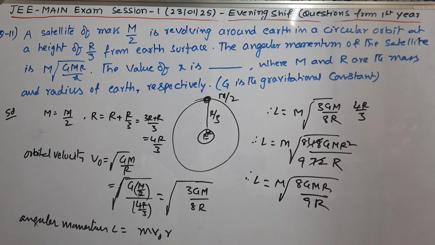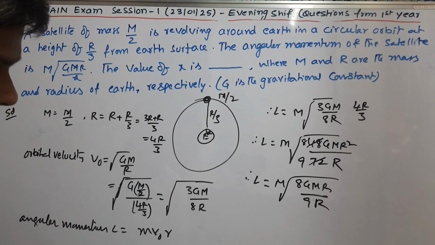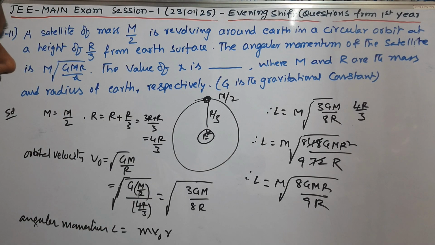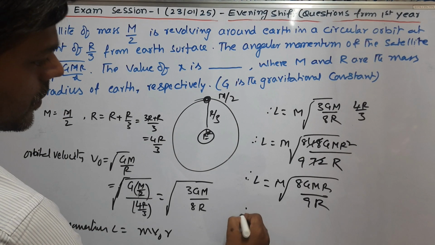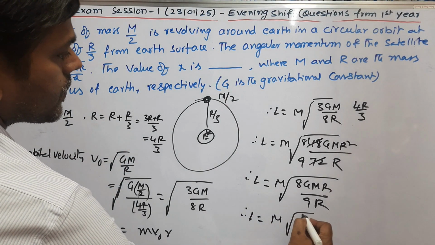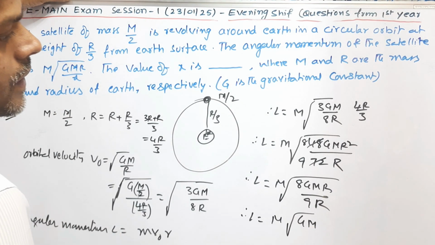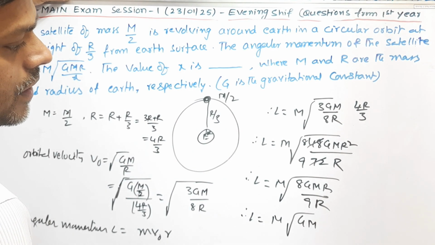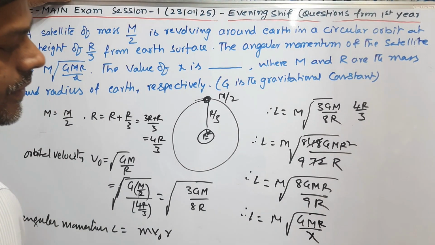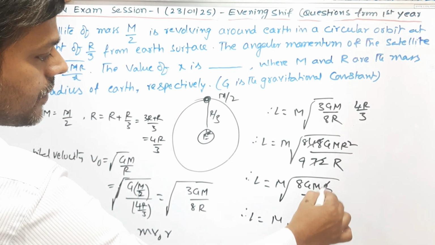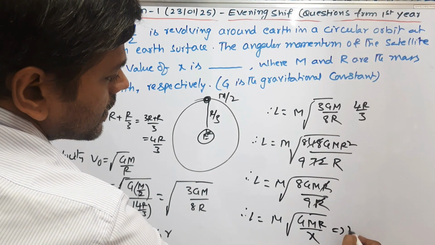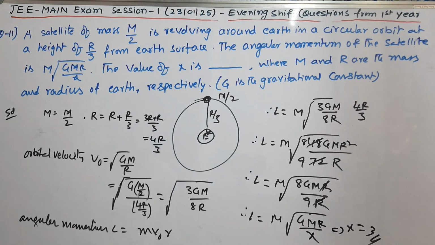Now compare it with the given form, m into root over G M R by x. The R is also cancelled. So you get the value of x equal to 3.